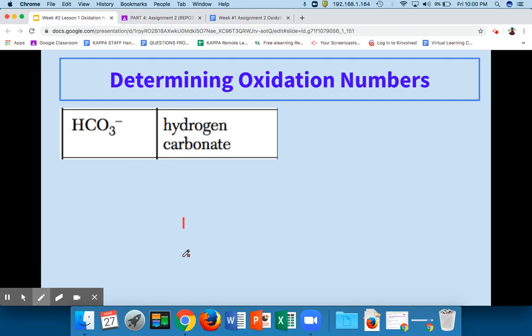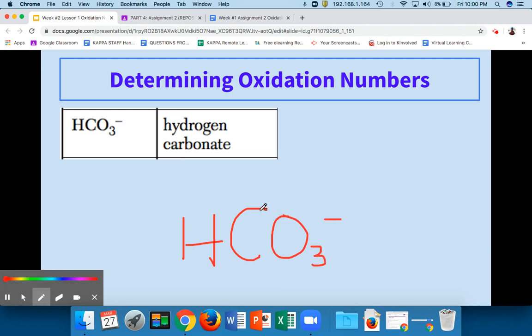So let's take a look. HCO3 minus. Okay, so we can look at our rules and we can determine right away two of these elements by using the rules. Can you guess which ones?